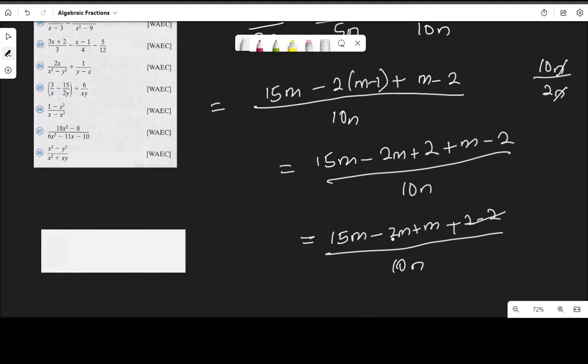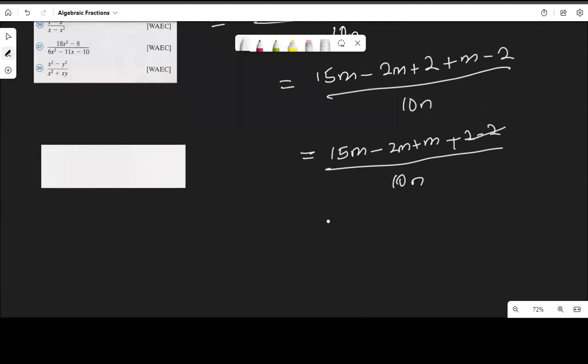Then 16m minus this 2n is 14m. We have 14m over 10n. 2 here is 7, 2 here is 5. So our answer is 7m over 5n.